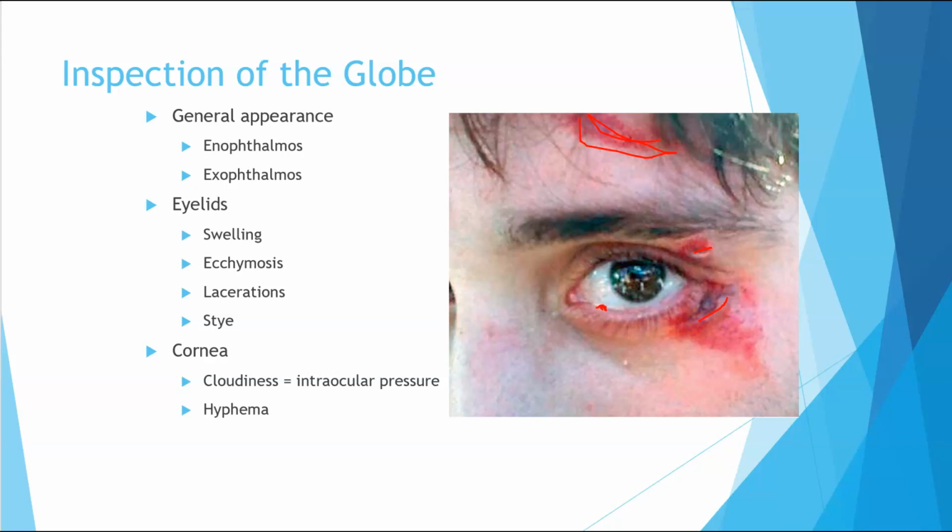A traumatic hyphema is caused by a hit to the eye from a projected object or a blow to the eye, and it can also occur spontaneously, so that also sucks. Make sure that we're asking them all of these questions as far as does it look cloudy when you're looking, and make sure they close one eye and then the other eye and make sure it's only that particular injured or affected eye.